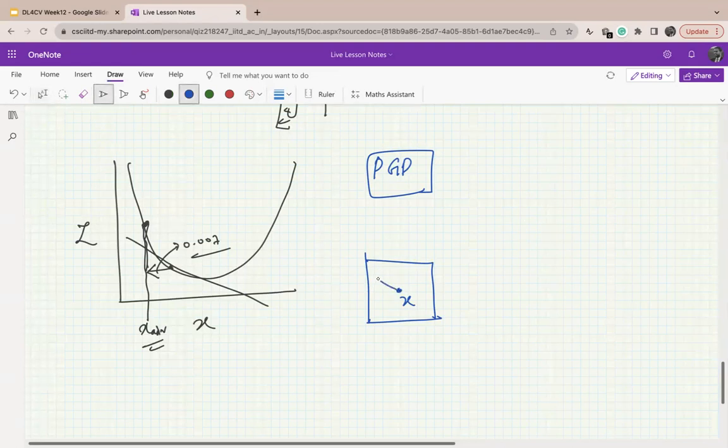I represented it as 2D, but there will be a lot of dimensions of x. So the resultant direction x will move is the resultant direction of all these signs. So let's say we're moving in this direction by a small amount. Now this is the updated x, this is the x1.